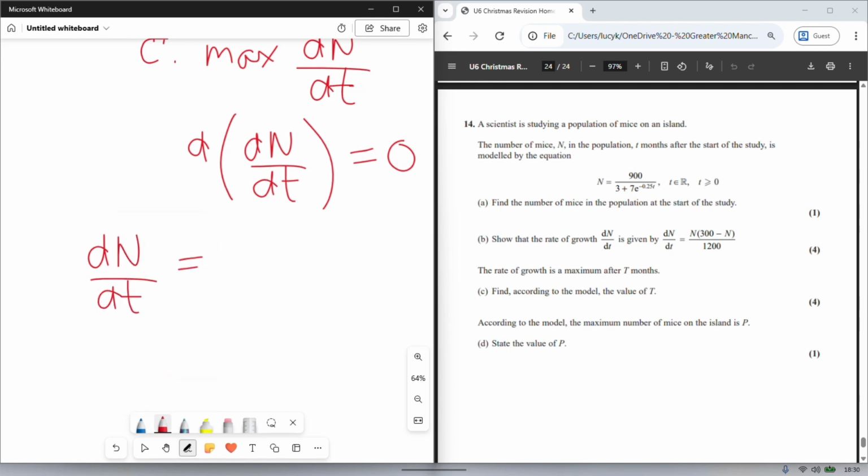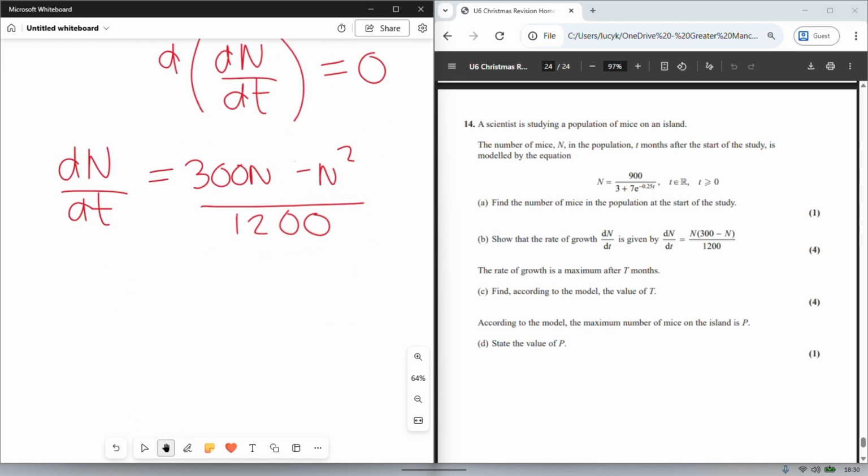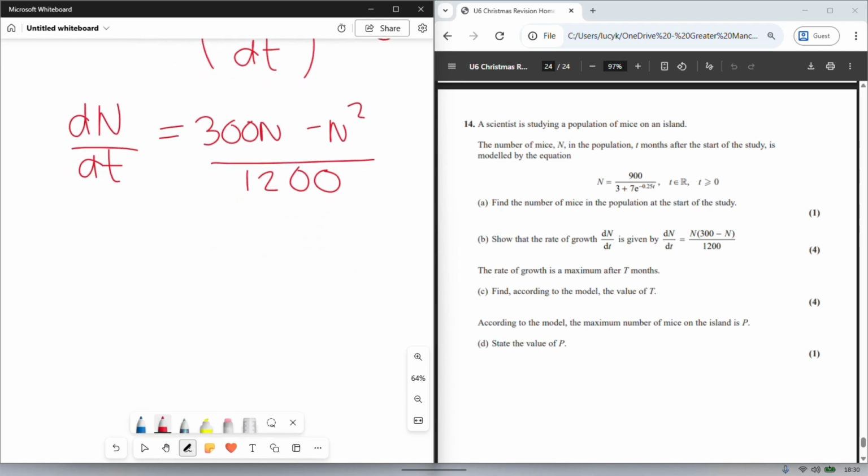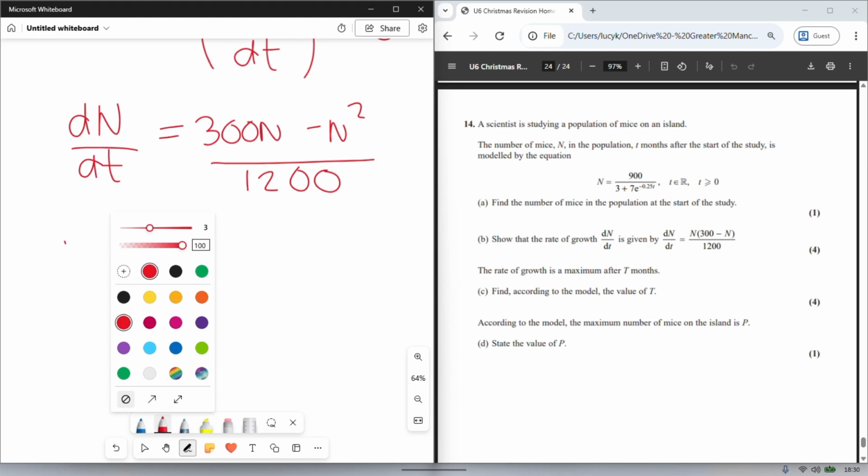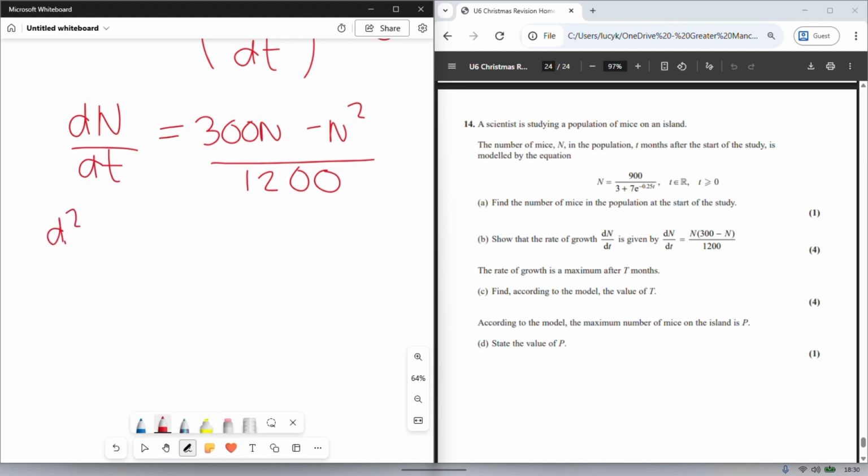So it is 300n minus n squared all over 1200. So then we're going to find d2n by dt squared. So then let's do that.